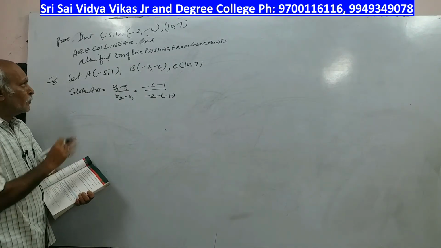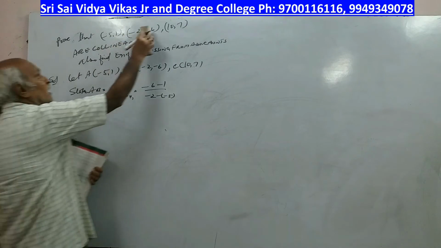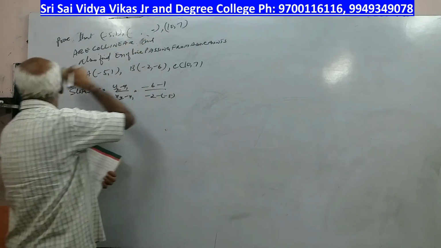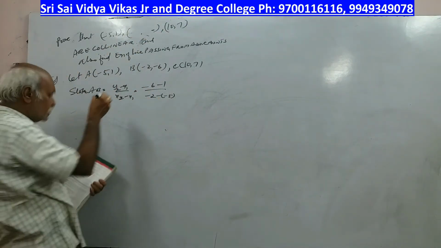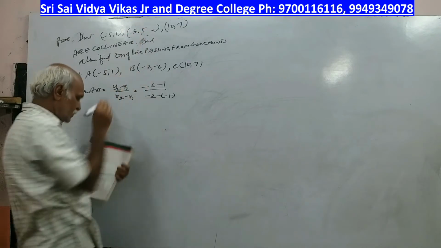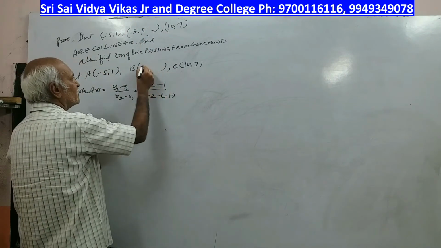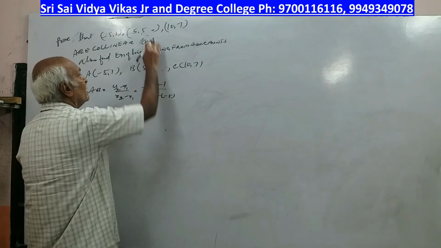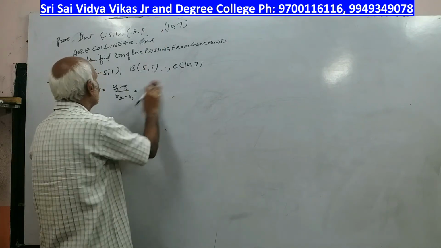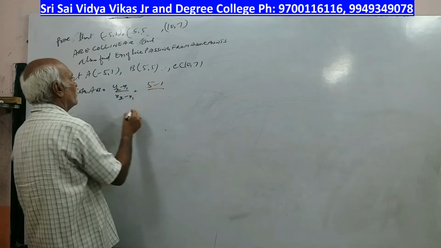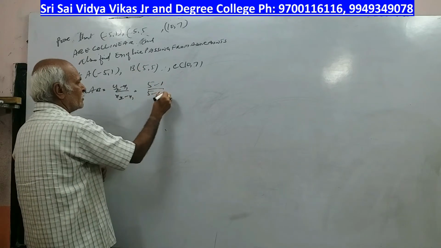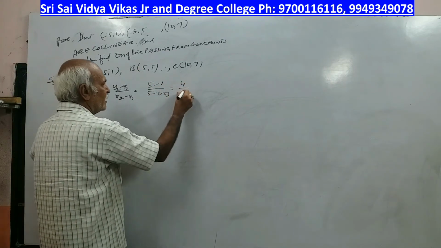Oh sorry, the points are wrong, sir. I'll just change the points. First point is (-5, 1). This is (5, 5), sorry. This is (10, 7). So B point is (5, 5). So this becomes 5 minus 1 by 5 minus of minus 5, so 4 by 10, that is 2 by 5.